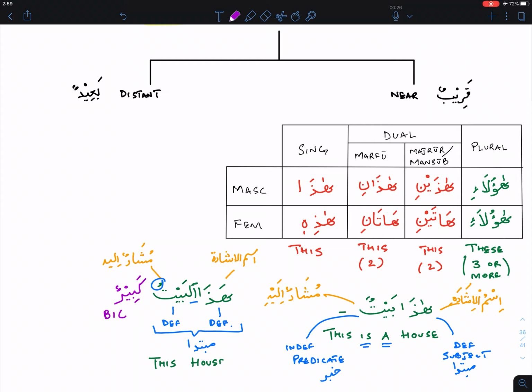And it's also indefinite, right? This is an indefinite noun. So now it can serve as khabar, and then the sentence could be this house is big. Let me correct here.